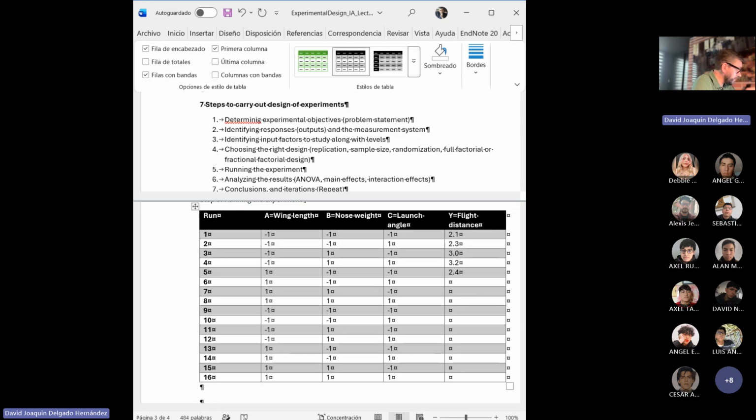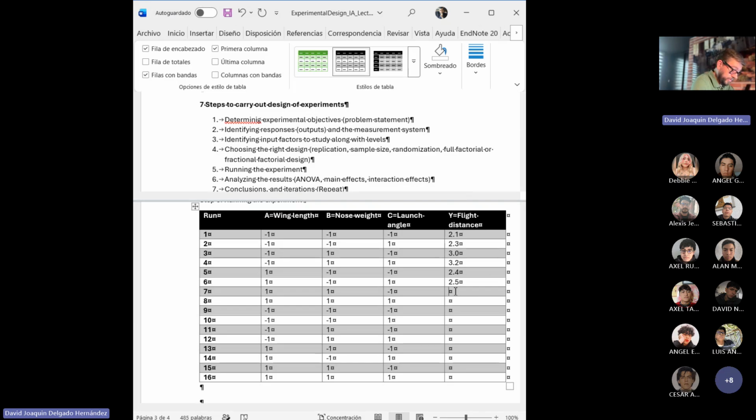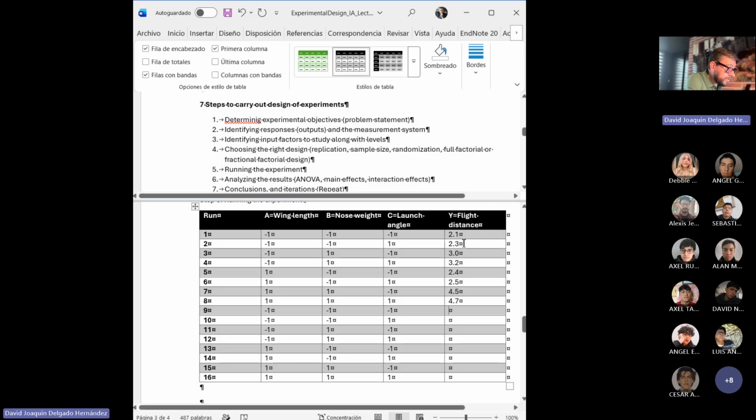Again, this information comes from the actual experiments, right? It is when I designed the airplanes and I launch the airplanes, I am starting recording these values. Okay, so the following 4.5, then 4.7, 3.1.